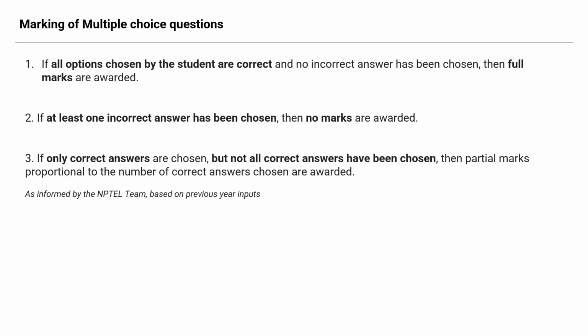So the marking of multiple choice questions. Again, this is a very interesting slide, and let's take a bit of time to understand this. I would request you to please read it by the time I take an example and help you out.